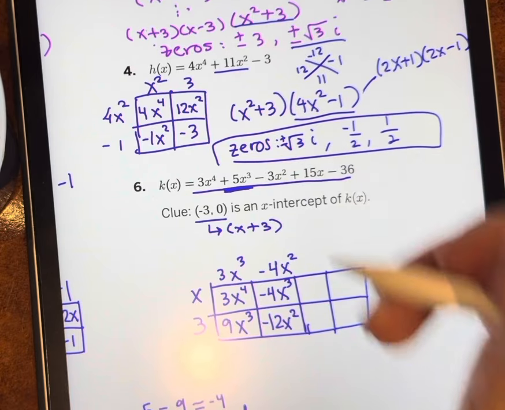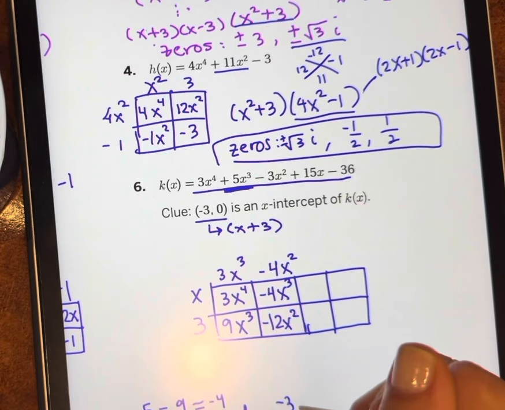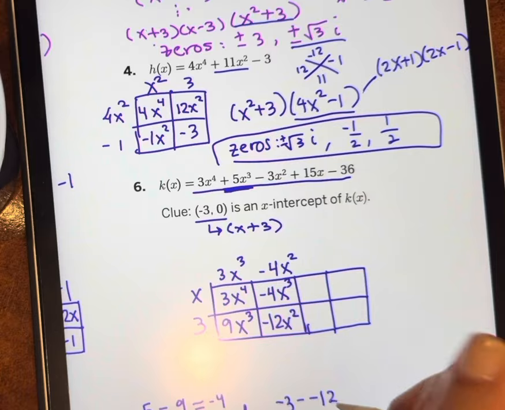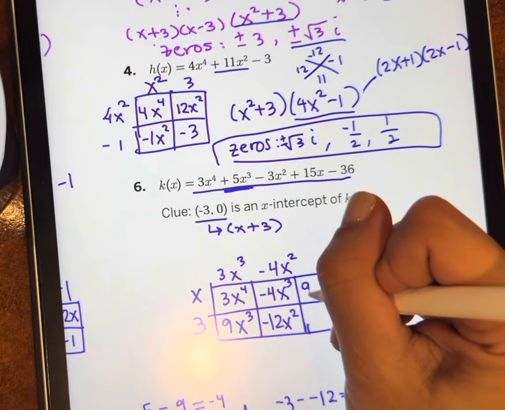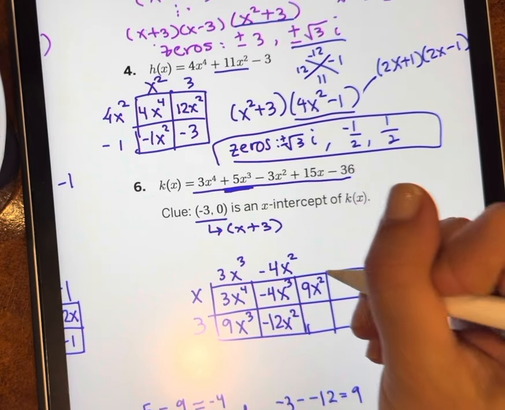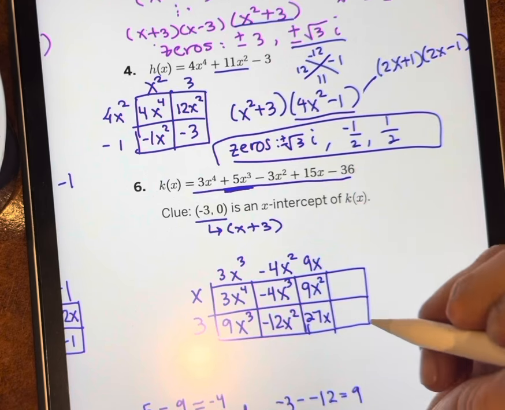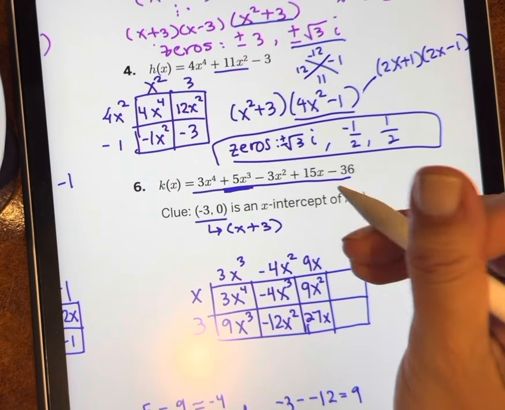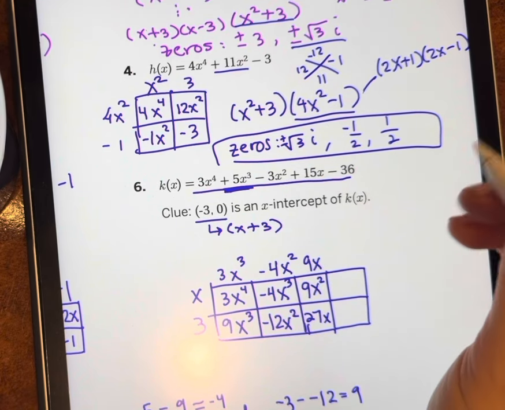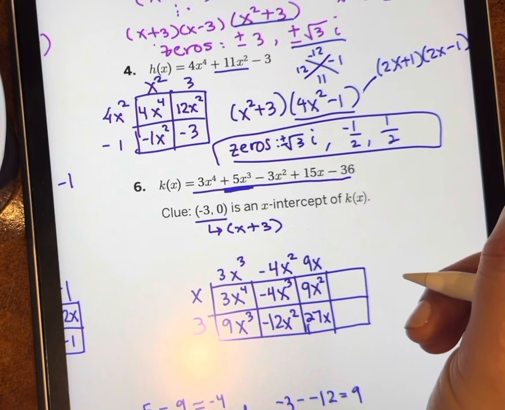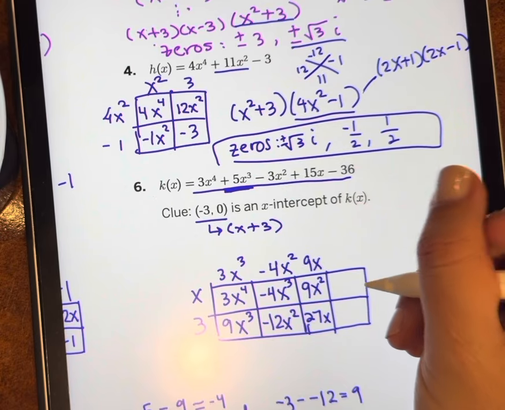Now, I have a negative 12x squared. I want a negative 3 minus the negative 12 that I have will get me the 9 that I need. So you need to add 9x squared. And then this is a 9x, and then multiply these. This is a 27x. And then if this is a 27x, but I want 15, then I'm going to have to take away 12 of these.